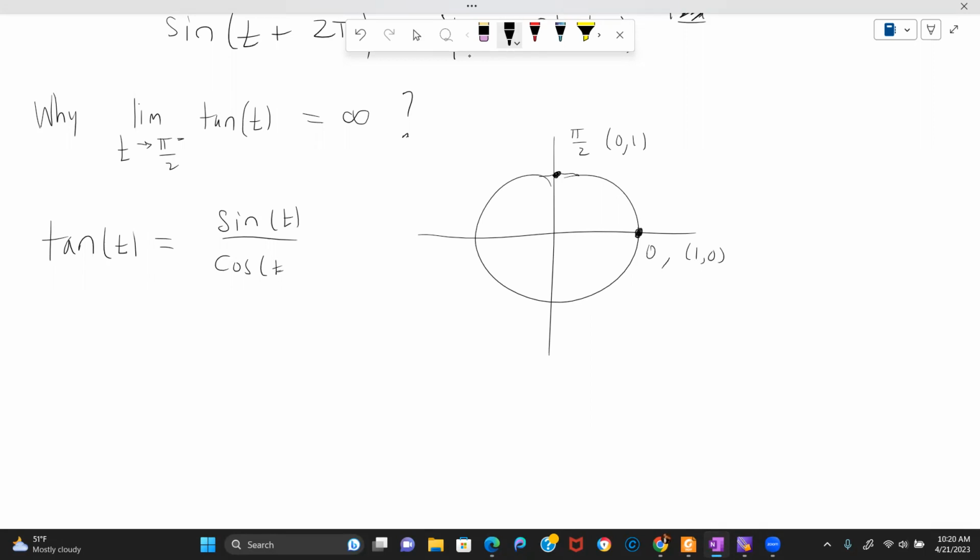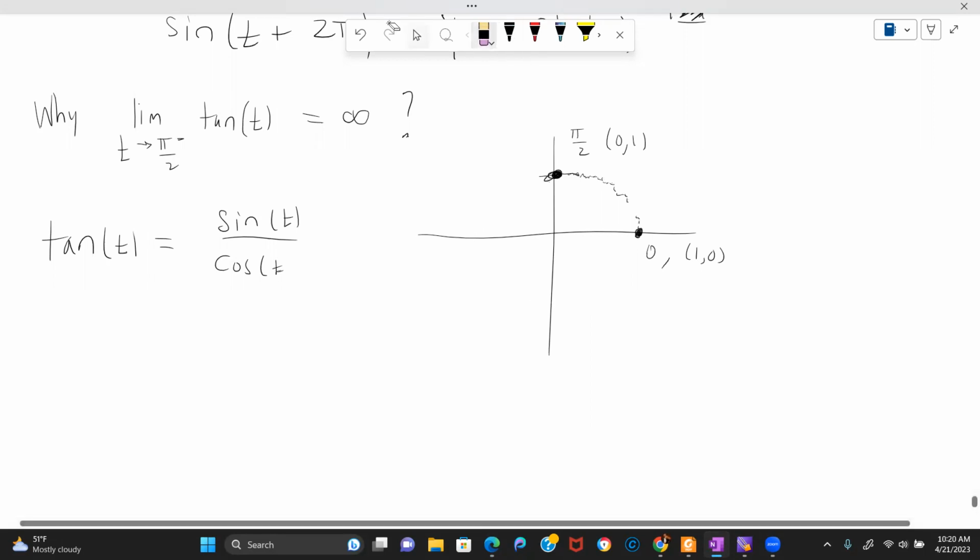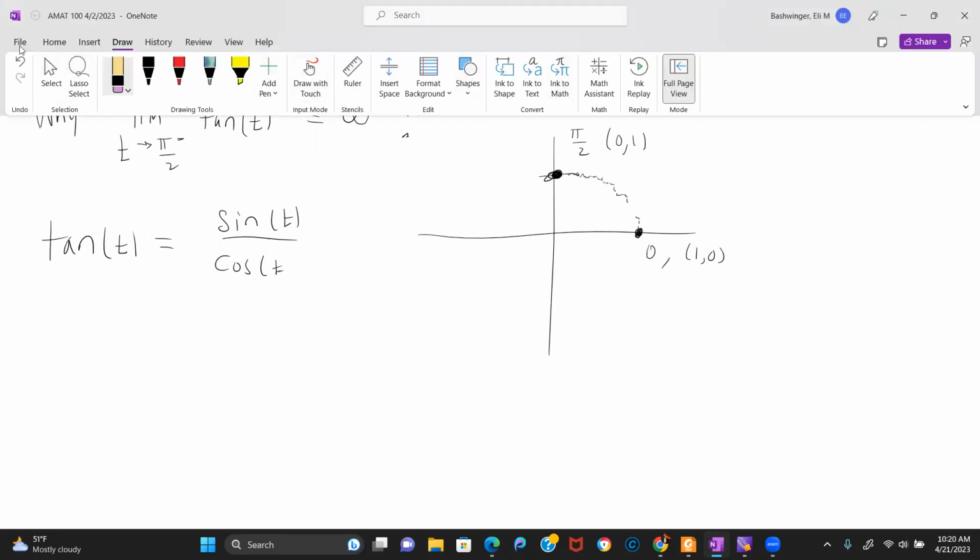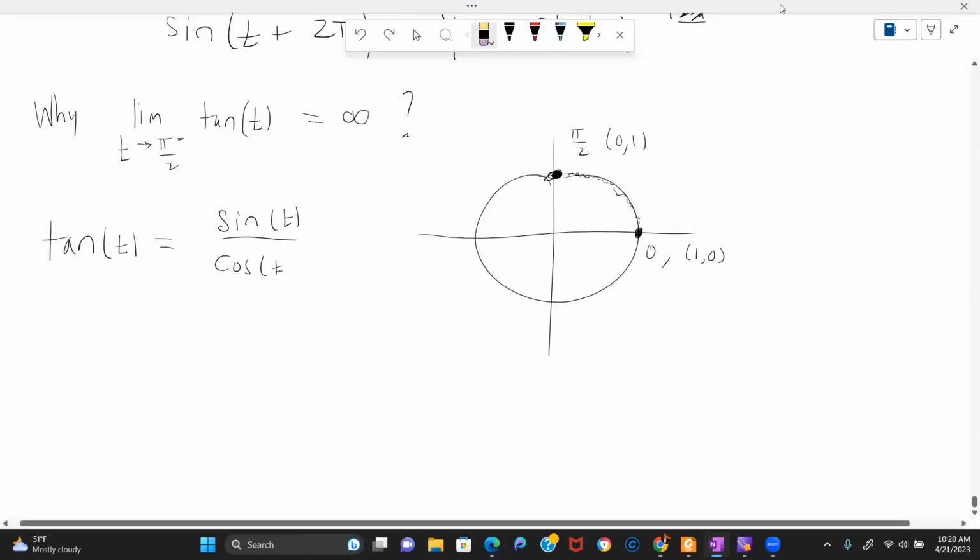Now we're going to imagine ourselves marching along and getting arbitrarily close to this point right here, to t equals pi over 2, but not actually touching it.